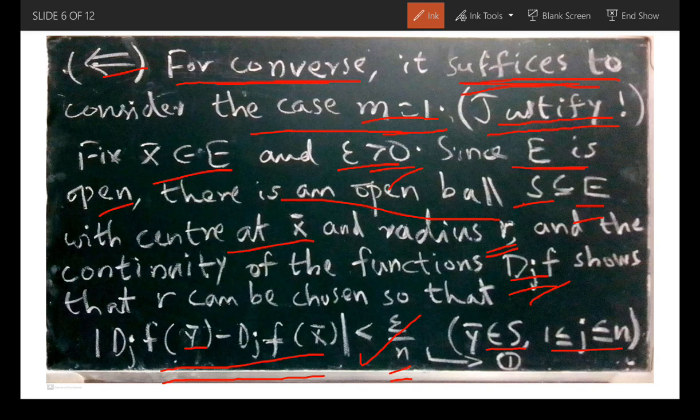And you take S to be that ball centered at x with this radius r. Which is that r? It is the minimum of eta, delta 1, delta 2, etc., delta n.